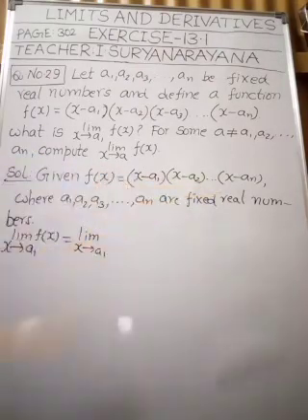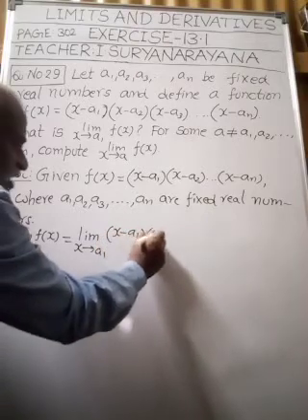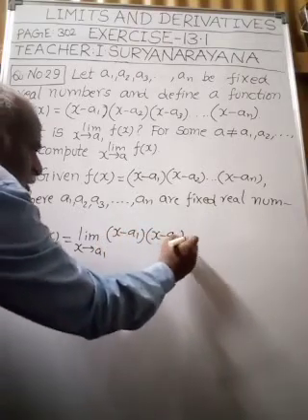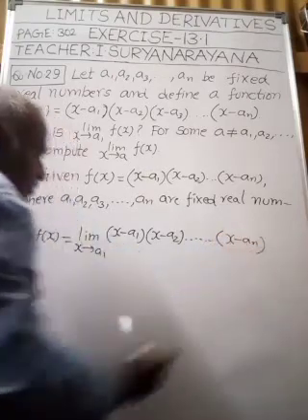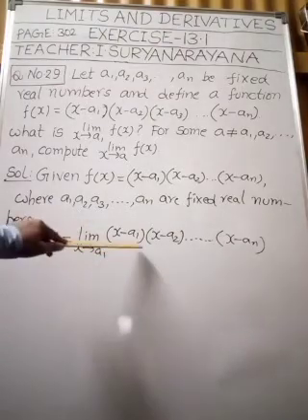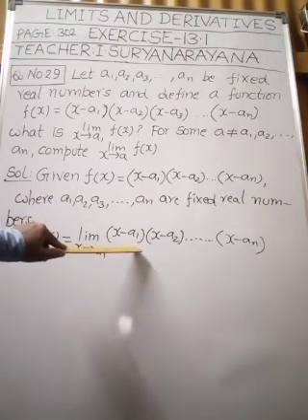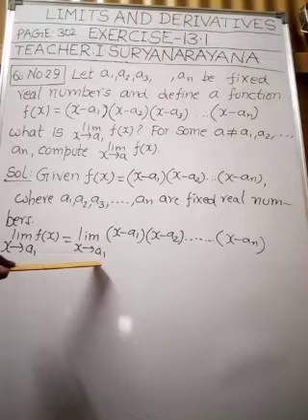Let us write this given function here: x minus a1 into x minus a2 and so on into x minus an. Understood this step, my children? I substituted the given function f of x here. Okay, my children. Now, we will find the limit of this function as x is approaching a1.